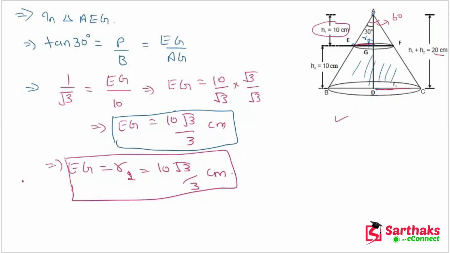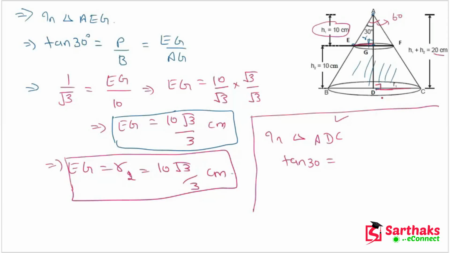So in triangle ADC, tan 30 is equal to DC upon AD, because this is a 90 degree and this is our angle 30 degree. DC is the perpendicular and AD is the base.